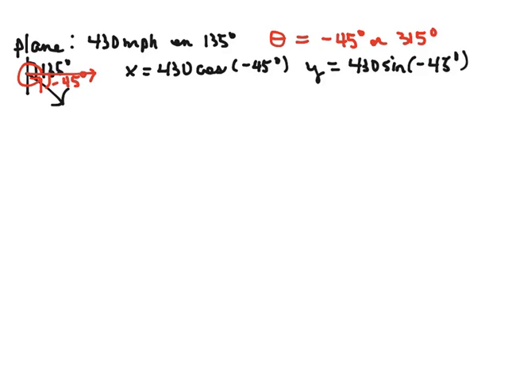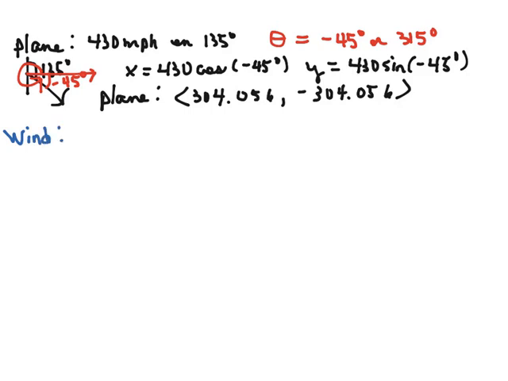So in component form, our plane is the vector, if we multiply this out, 304.056, negative 304.056. So now we need to look at our wind.